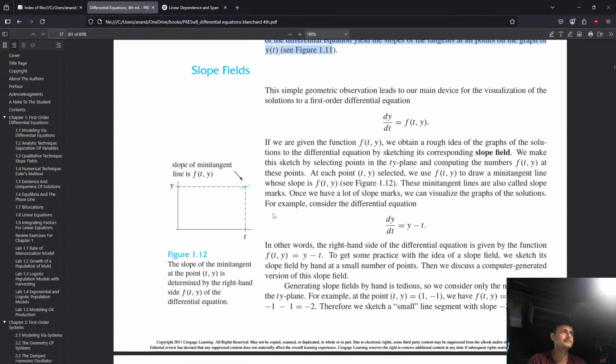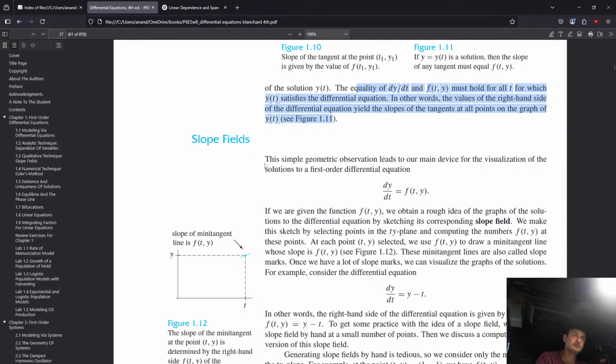Okay. Slope fields. Slope fields, everyone. Come around, get your slope fields. This simple geometric observation leads to our main device for the visualization of solutions to first-order differential equations. If we are given the function f of t and y, we obtain a rough idea of the graphs of the solutions to the differential equation by sketching its corresponding slope field.